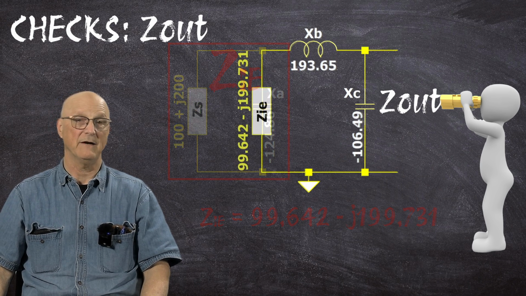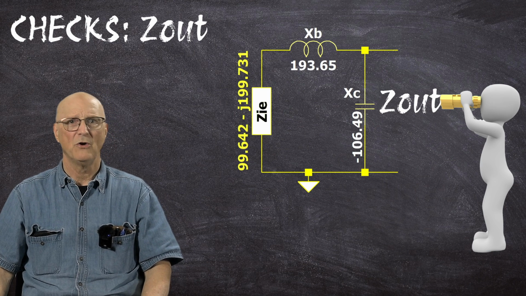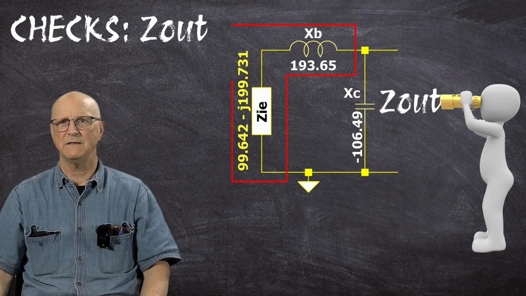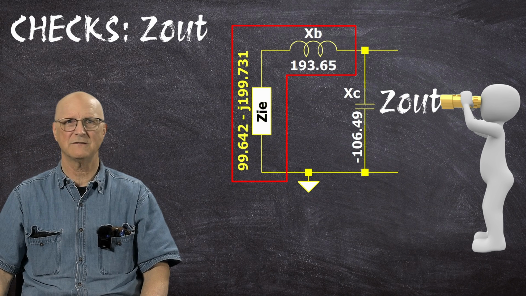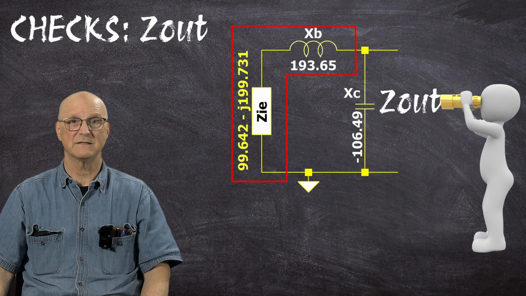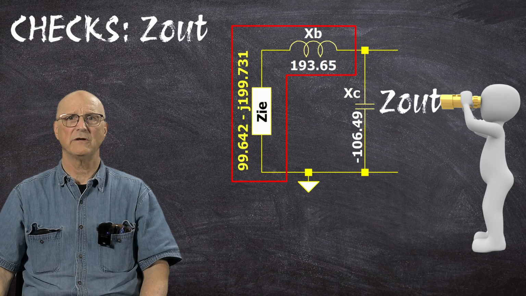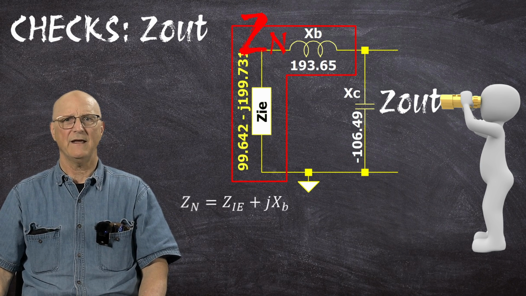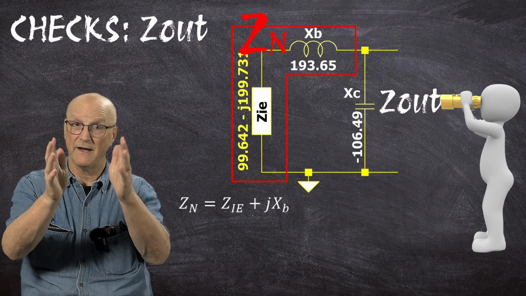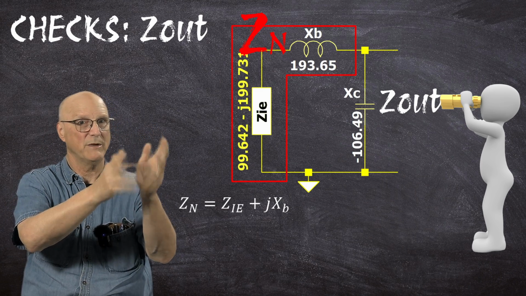j199.731. Now, looking back at our schematic, we can see that this impedance is in series with the inductor whose reactance is XB. I'm going to call this combination Zn. Zn is equal to Z_IE plus jXB.